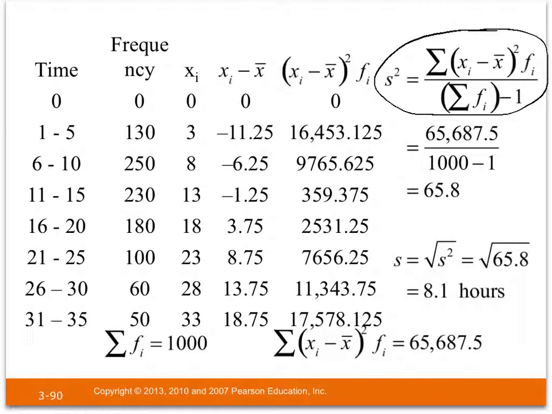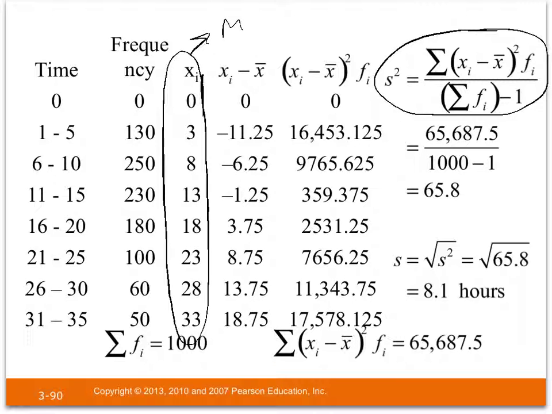And here is our formula, and we're going to use the original formula for that. Okay? So we're going to take our x sub i, which are the midpoints, and we are going to subtract our x bar from them. That x bar was the x bar that we got earlier.